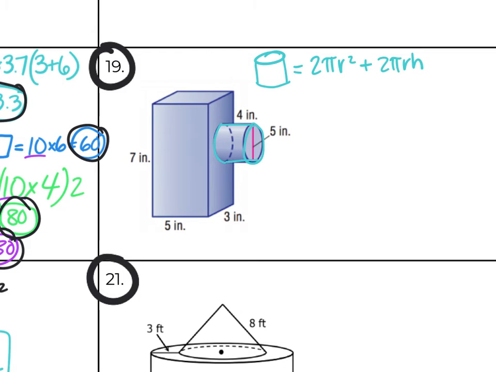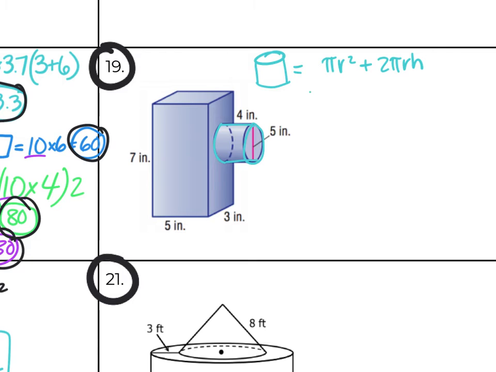Take off the 2 where? Which one? At the front. Not the squared. The 2. Because pi r squared is 1 circle, and we only have 1 showing. Okay? And I'm going to actually say, let's maybe figure this one separately because we're going to need that circle's area later, okay?